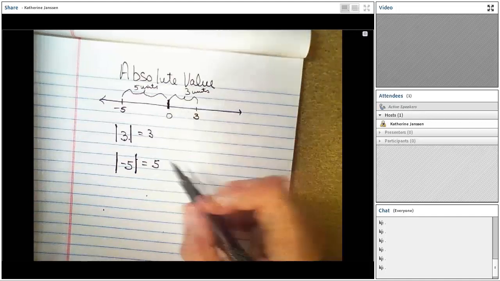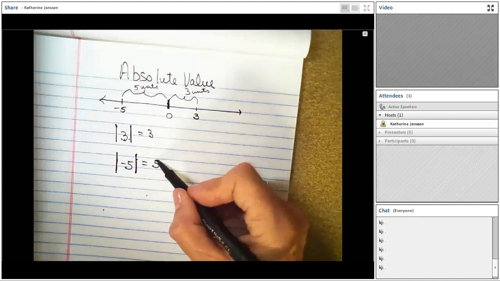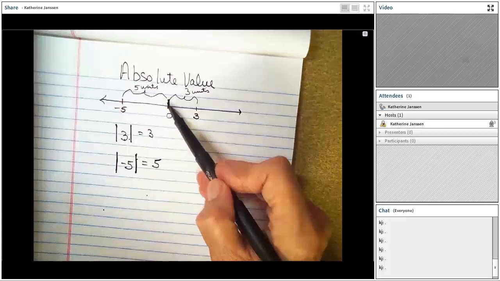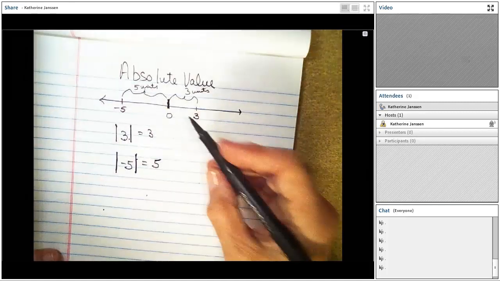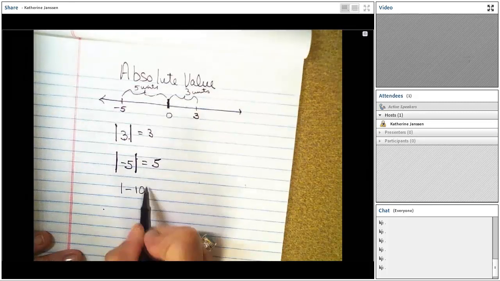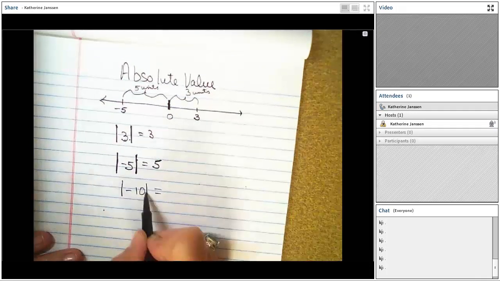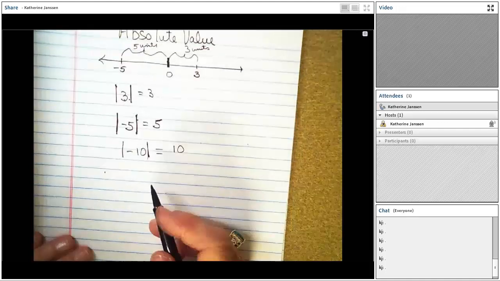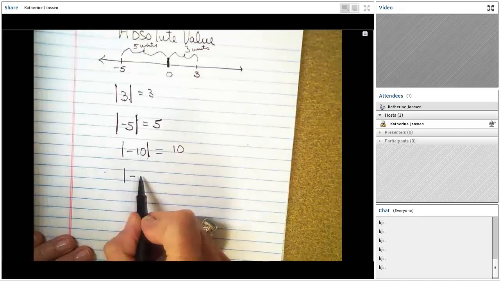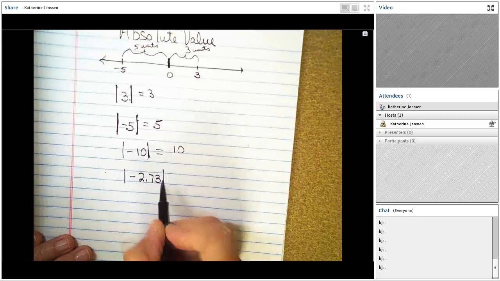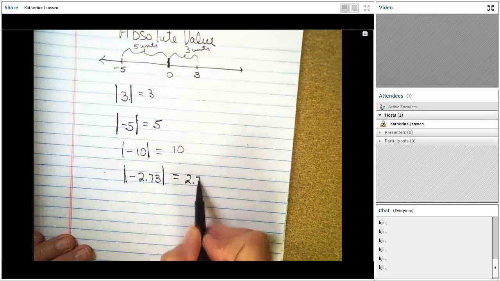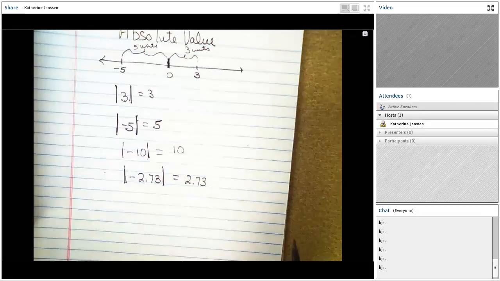So its absolute value always returns a positive result, the unit distance from 0. So the absolute value of negative 10 is absolutely positively 10 units from 0. And the absolute value of negative 2.73 is absolutely positively 2.73 units from 0.